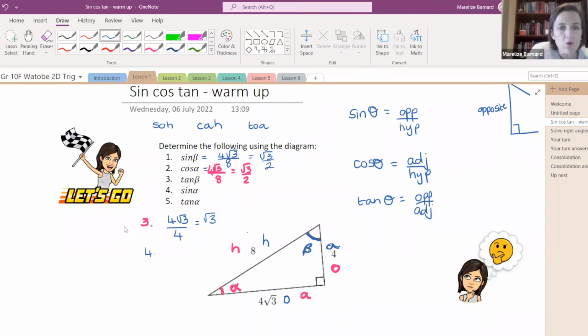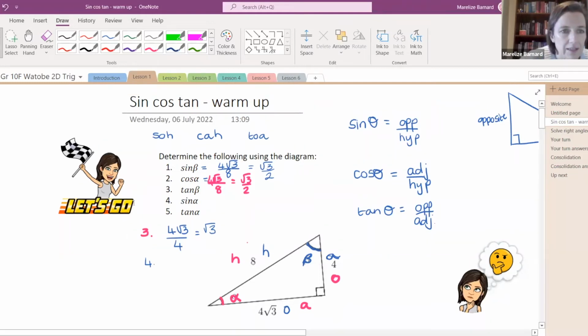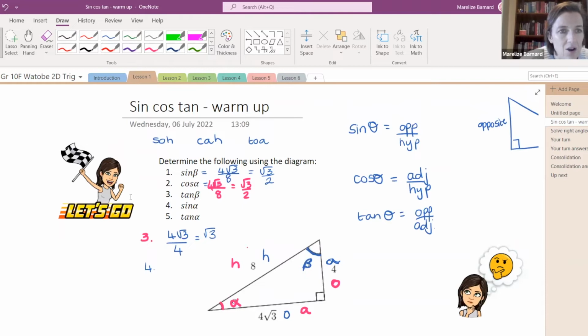Let's go on to question 4. For question 4, we've got sine of alpha. Let's see if we can ask someone to give us the answer here. Okay. I see 1 or 2 people got that right. So sine of alpha, we are switching to pink.